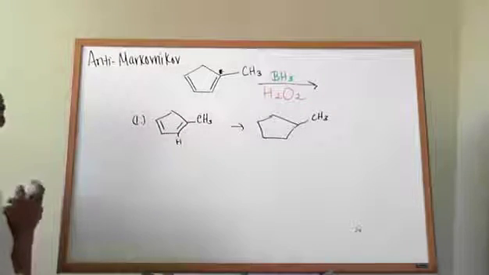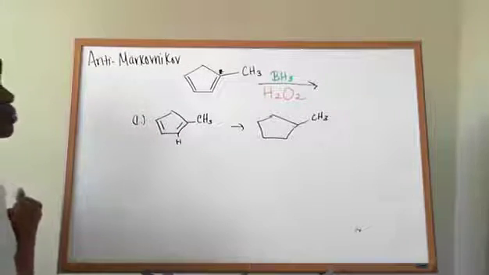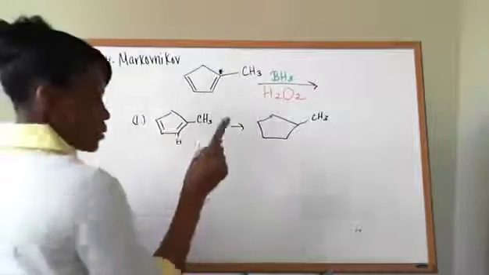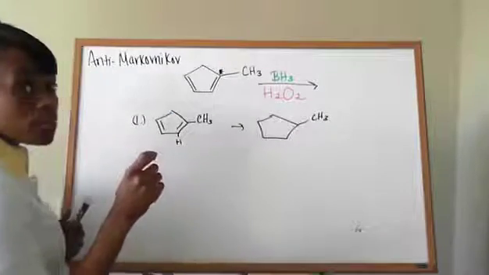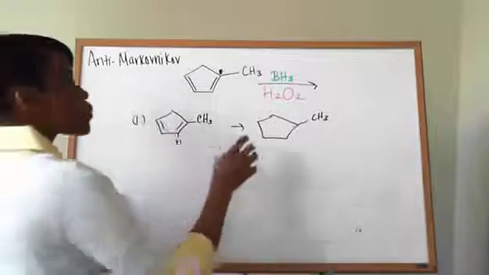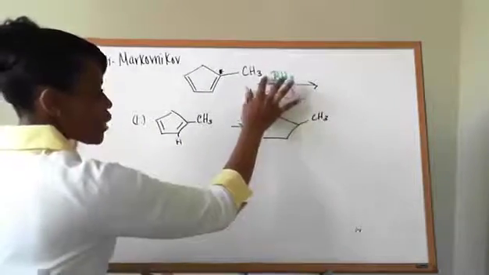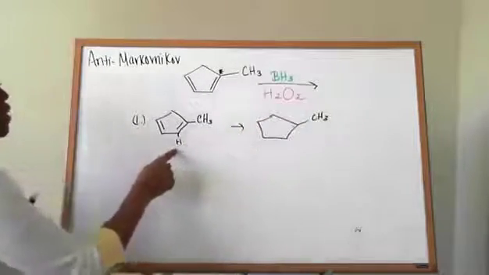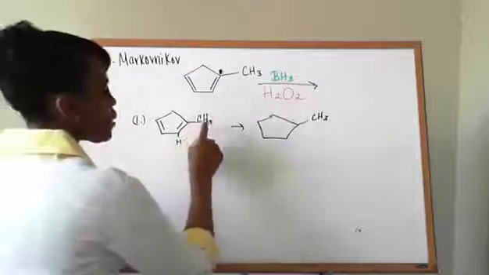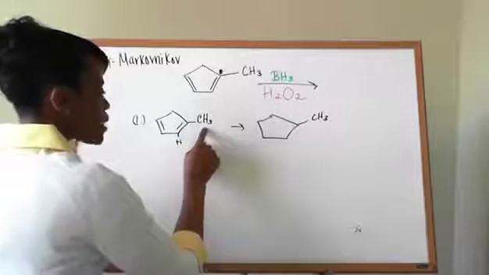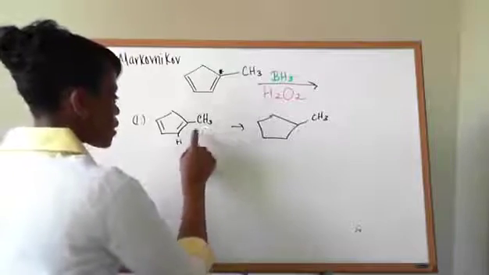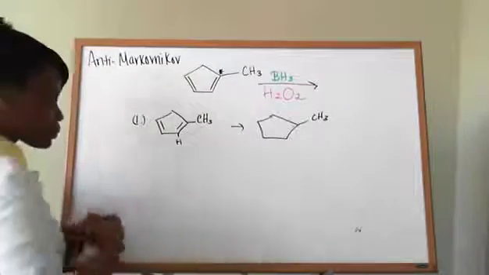So based on what we've learned with the anti-Markovnikov product, we're going to have the opposite of what we expect. Markovnikov says when we do this hydroboration, the hydrogen should come to this side and the borane should go to that side. Anti-Markovnikov. So what do we see?